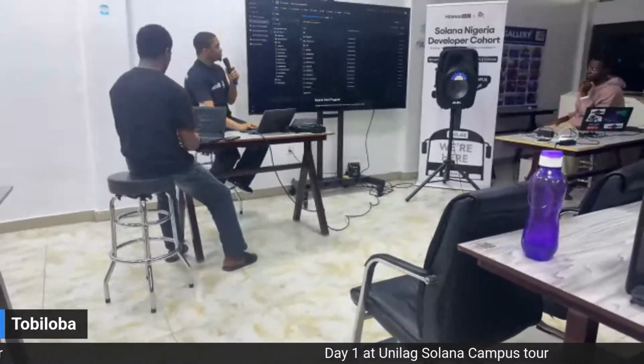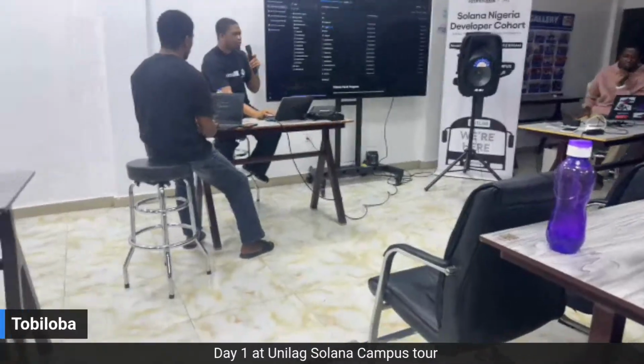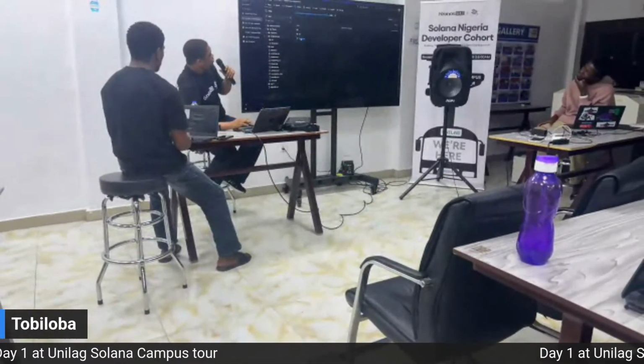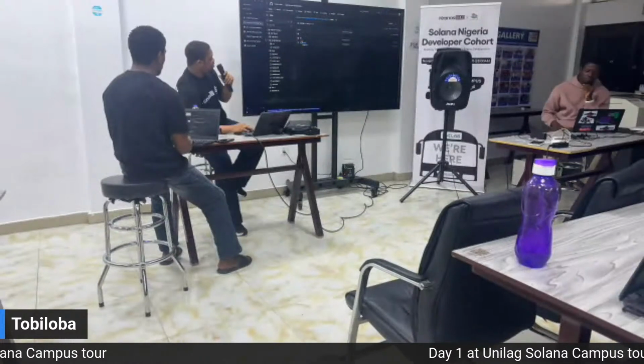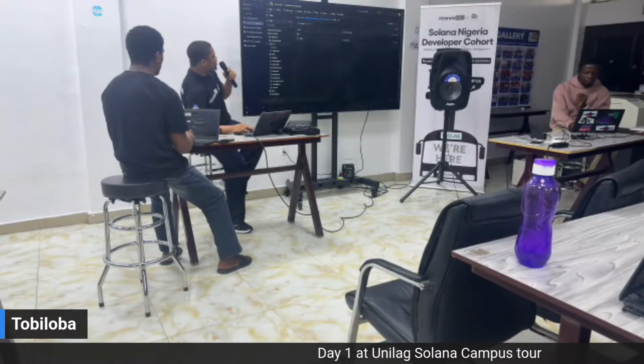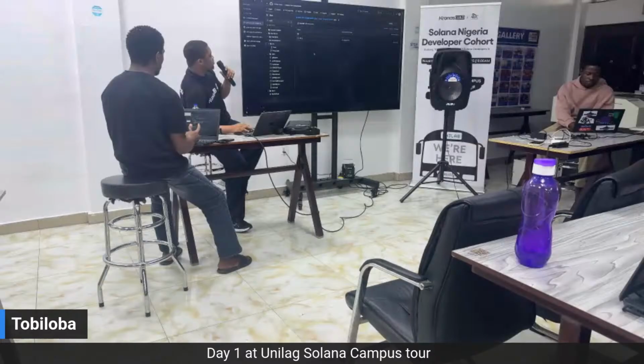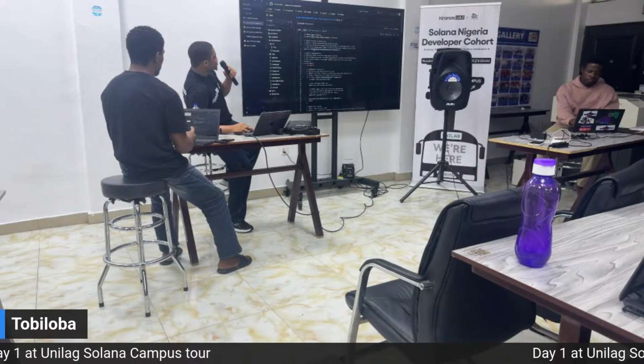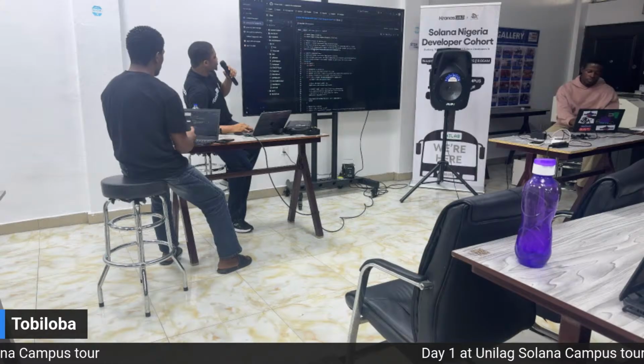Just follow my screen. So now back here, we're going to copy most of the programs from here to that vault on Soul PG that we are creating. So now in your SRC here, you can see your lib.rs.